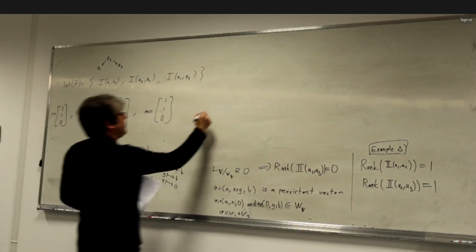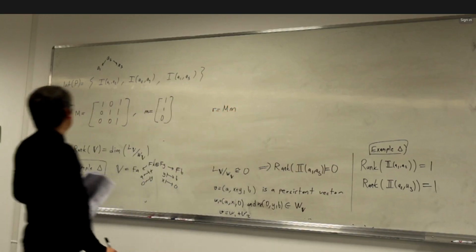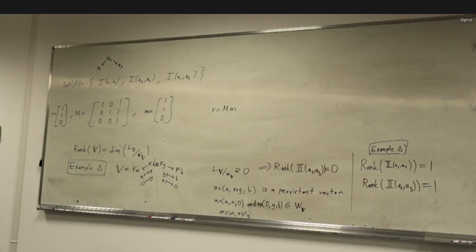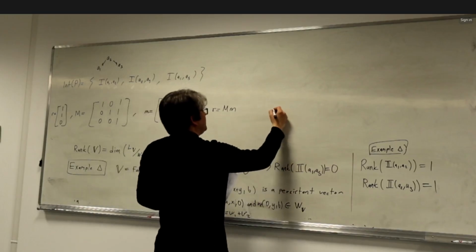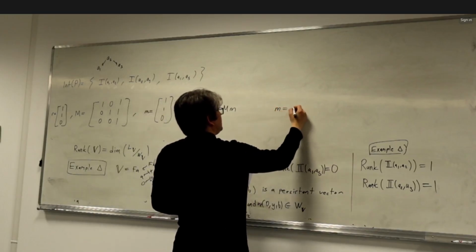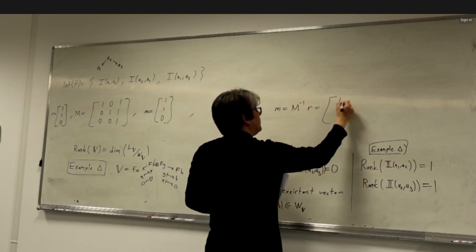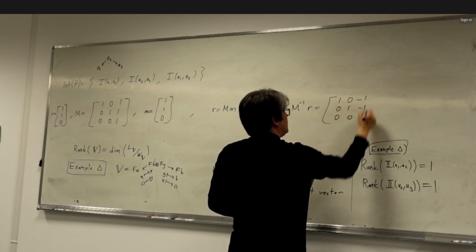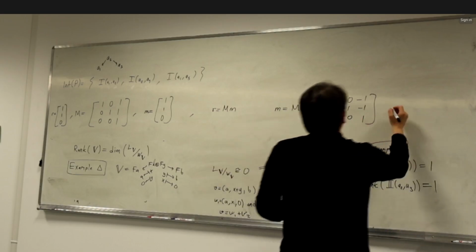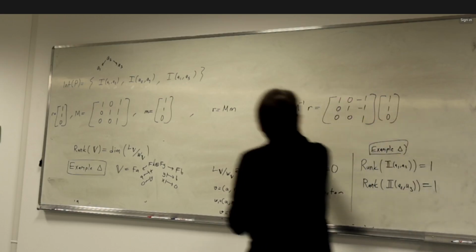So now I have R equal to M times M, right? And M is equal to M inverse R. Well, what is M inverse? 1, 0, minus 1, 0, 1, minus 1, 0, 0, 1. And 1, 1, 0, right?